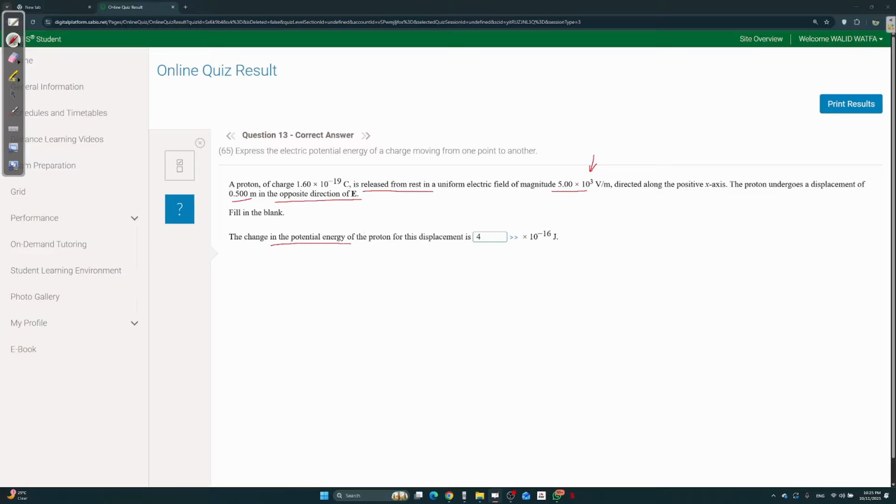What is the change in the potential energy? Now, we're looking for delta UE. The only formula that includes delta UE is delta UE is equal to negative W done from 2 points. Now, can we relate this W to anything that we have here? Here we have Q, we have E, and we have D. Now, the only formula we know about W is that W is equal to Q times V. But we don't have V, we have E and D. We know that V is equal to ED.